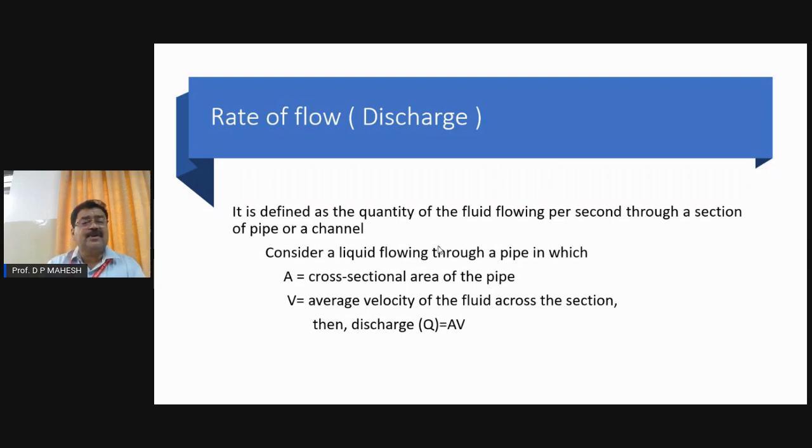That is called rate of flow or discharge. It is defined as the quantity of fluid flowing per second through a section of a pipe or a channel. If we consider a pipe with cross-sectional area A, and let V be the velocity of the fluid, then the discharge is Q equals A into V, where A is the cross-sectional area and V is the velocity in the pipe. That product gives the flow rate.